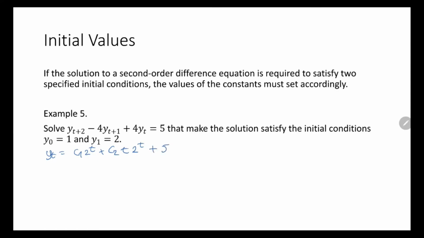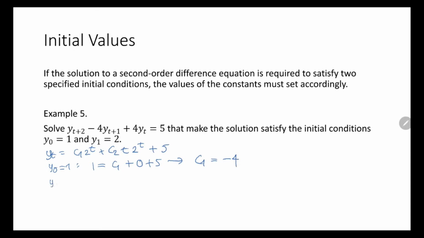Now y0 is equal to 1, which means 1 equals c1 times 2 to the power of 0, which is 1, plus, with t equal to 0, just 0, plus 5. So in this case c1 is equal to -4.